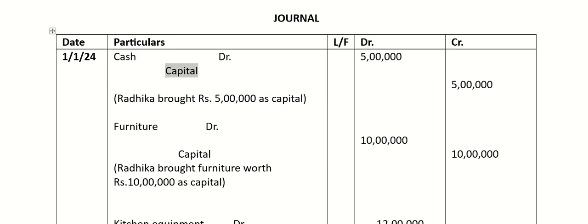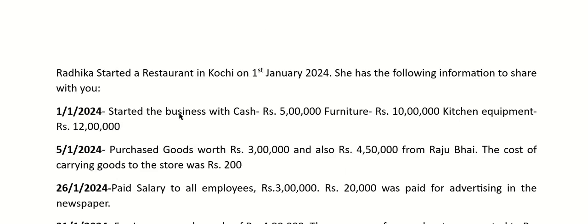So when we talk about LICIC, the rule says that when a transaction happens, if liability, income, or capital of a business increases, then we should give credit to it. Now, going back to the transaction: we started a business with cash rupees 5 lakh.